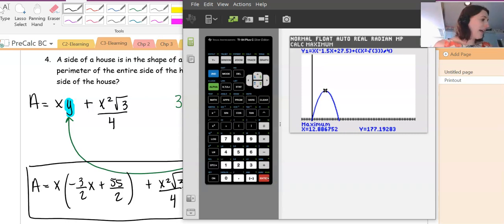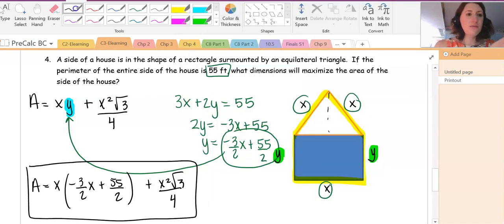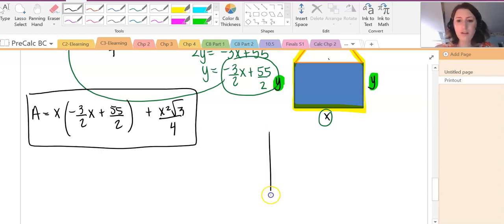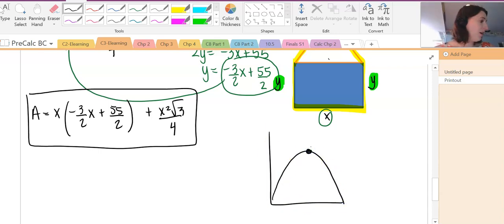Okay, so I'm getting 12.887, comma 177.193. So let me just write that down. Okay, I have it on my paper: 12.887, comma 177.193. Okay, hopefully that's right.